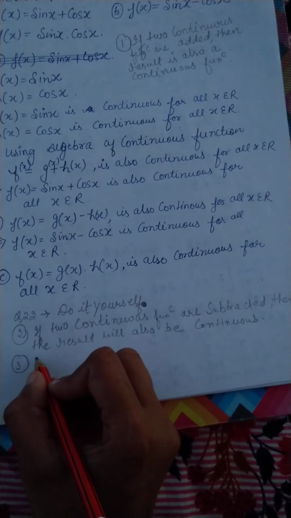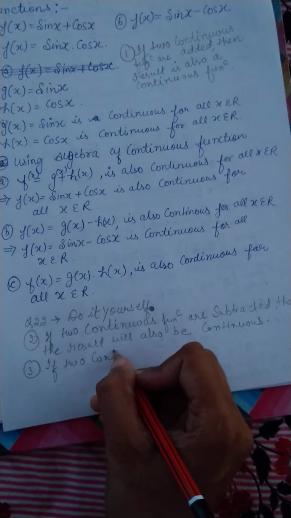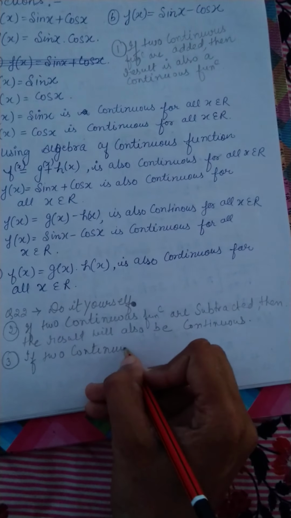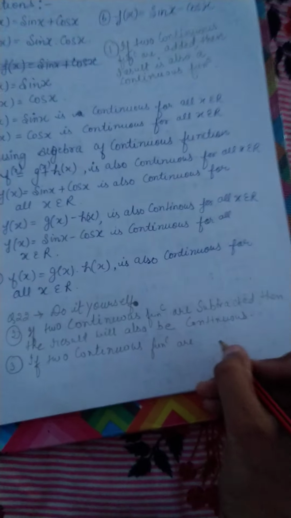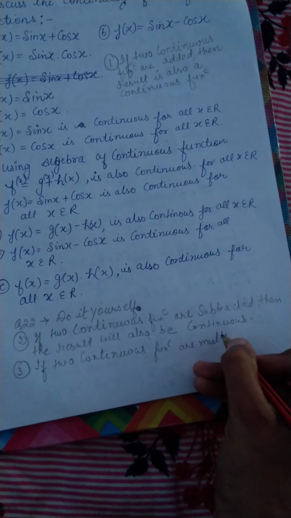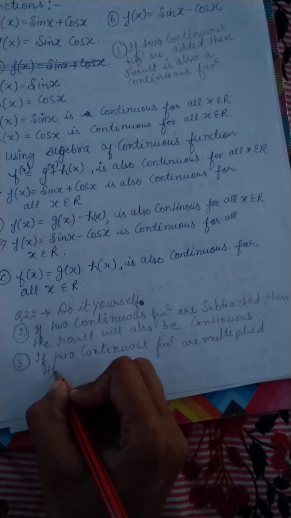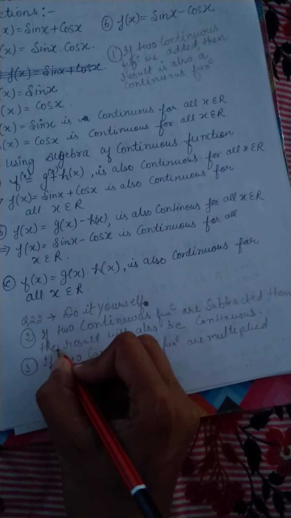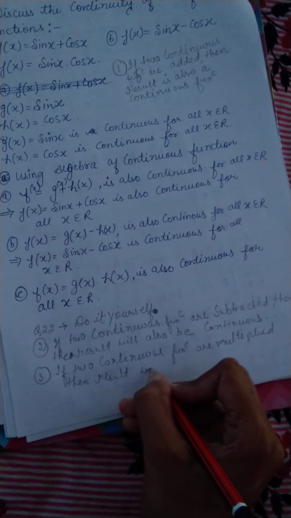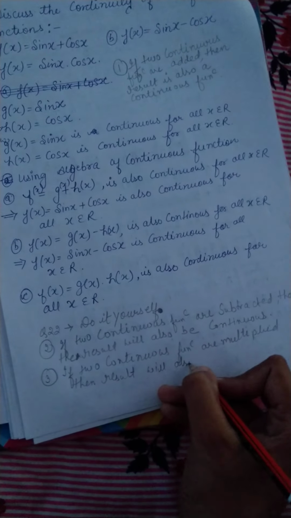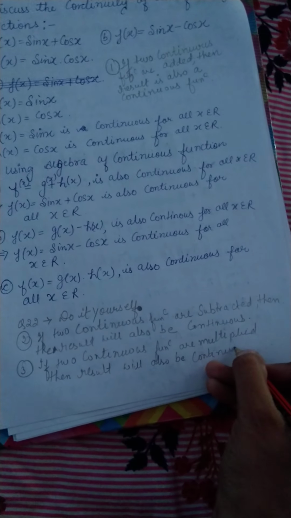And rule number 3 beta, if two continuous functions are multiplied then the result will also be continuous.